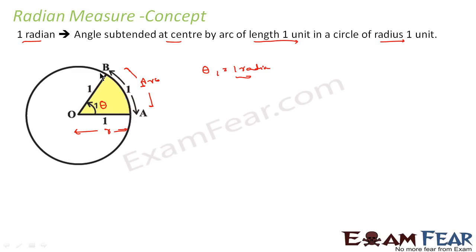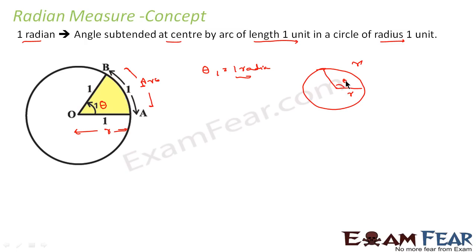So radian is nothing but the angle subtended at the center of the circle by an arc of length 1 when the radius of the circle is also 1. If we take any circle whose radius is r, then we have to take an arc of length r.